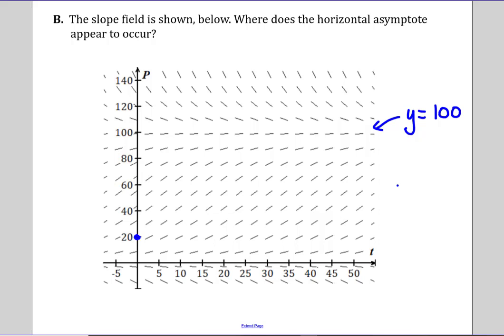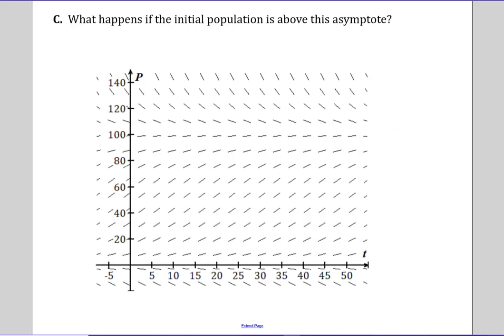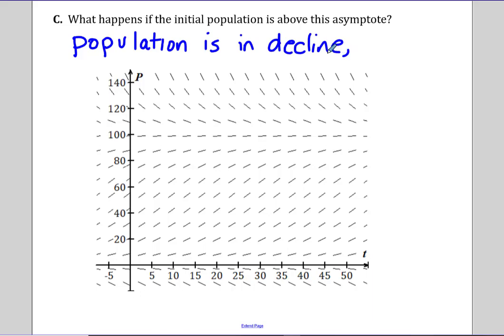We'll come back and graph the graph. What happens if the initial population is above the asymptote? Well, we said that the population is in decline. It would be overpopulated for the preserve.